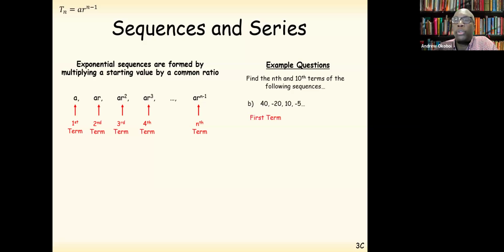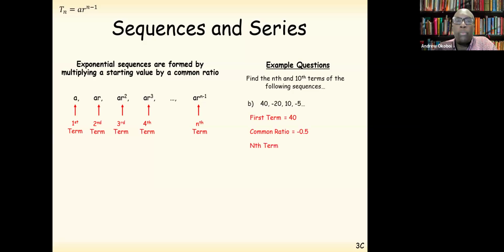That's the clue that you have a negative R. So our first term is 40. Then our common ratio will be minus 20 divided by 40, which gives us minus a half, so minus 0.5.